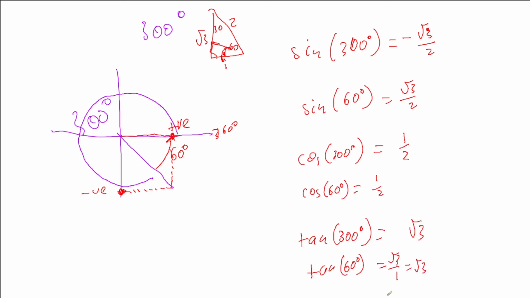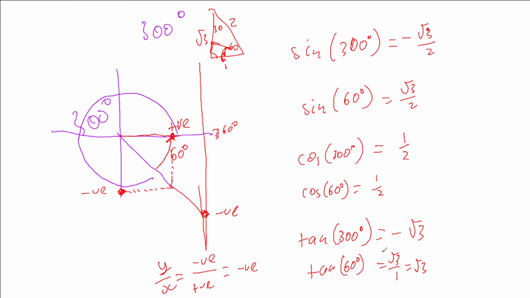Is it positive or negative? Well, thinking about where it's hitting the tangent to my unit circle, it's hitting down here in the negative numbers, so it's negative. Or if we think about y/x, our y was negative, and our x, which is here, is positive. And negative divided by positive is going to be negative. So we have a negative.